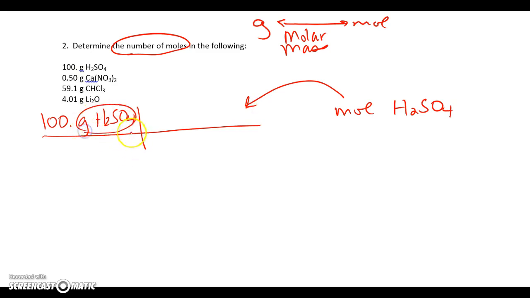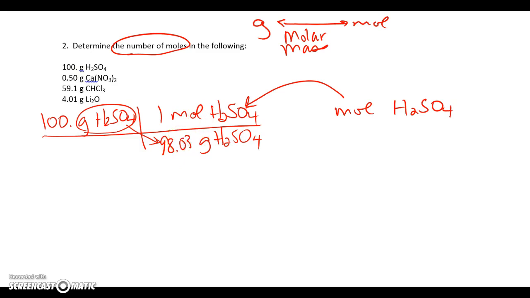And this unit has to cancel. It's got to drop down, or this will never work. Remember, molar mass is always grams per 1 mole. We never have a number other than 1 mole when we're dealing with molar mass. So I have calculated the molar mass of sulfuric acid, and it turns out to be 98.03.